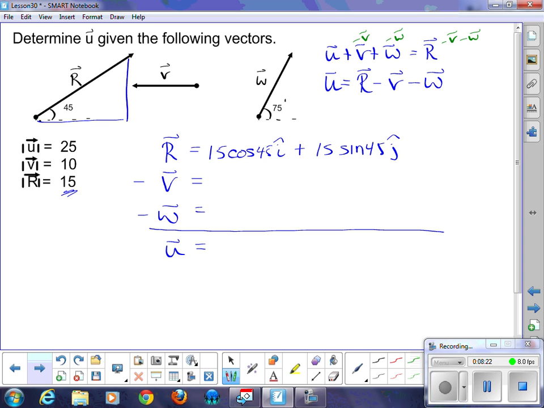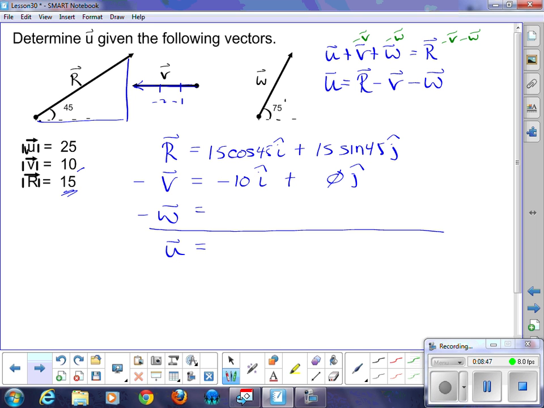The v vector is perfectly vertical, but it's pointing, we would have to go into the negatives. It's going on the negative axis here, so it would be negative 10i plus 0j. And finally the w vector, the magnitude is, well, let's change that to a w. It should be a w anyway.